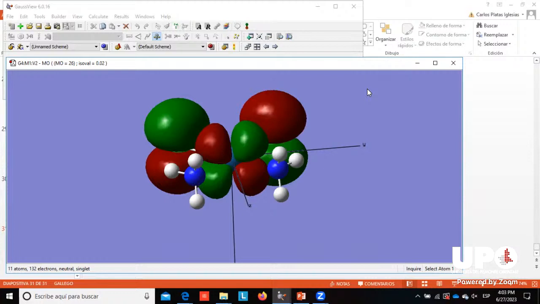So that's the HOMO already. Okay, very good. And you see that the Z axis is indeed perpendicular, I think. So you go to view, Cartesian axis. So the Z axis is perpendicular. It matches the C2.